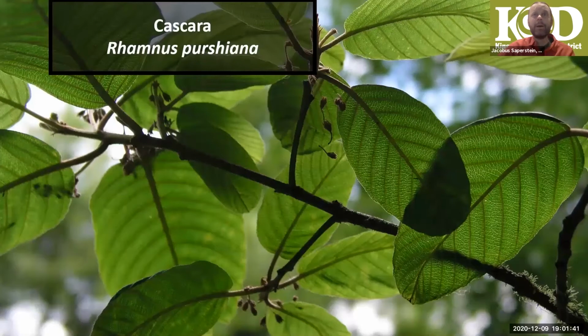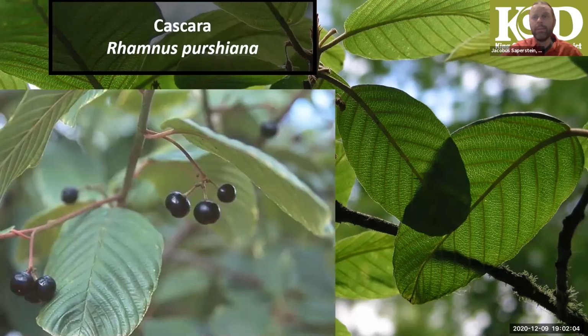Okay, but conversely, if you have a more shady environment, this is a great plant that loves those mucky soils, edges of wetlands, but will prefer to stay shaded through that summer. So Cascara, Rhamnus purshiana, has these little black berries.